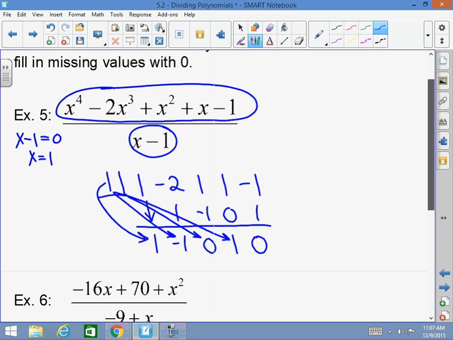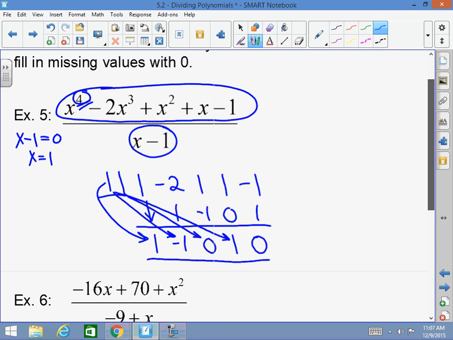Now, this is the part that will make your life super easy. You started with x to the fourth. You're going to rewrite your answers starting with 1 less exponent. So if I started with x to the fourth, I'm going to start with x cubed. And these are my coefficients.